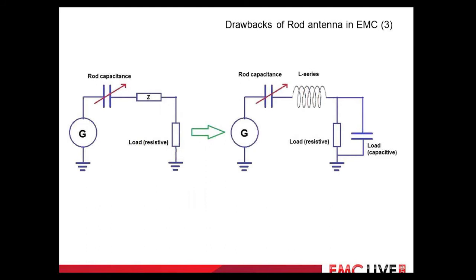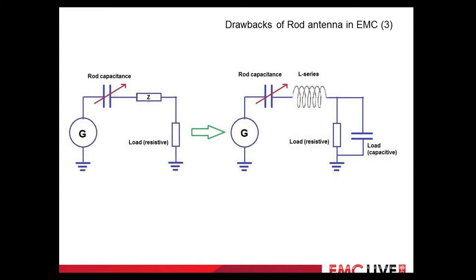Now, in this diagram, we see on the left the theoretical situation in which we have the variable self-capacitance of the antenna, for the reasons we mentioned before, and the impedance of something which is connected to the load, for example the cable, and the load is assumed to be purely resistive.